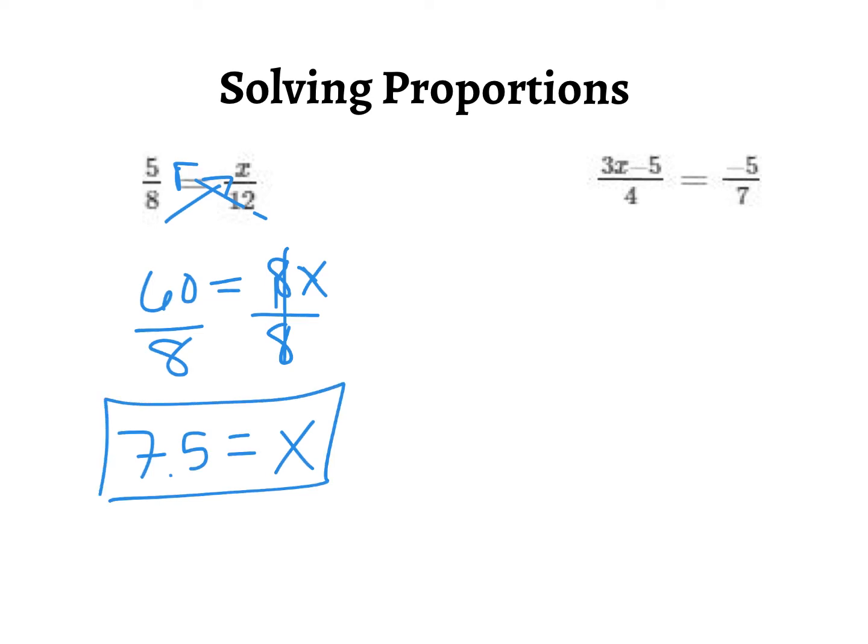On the other one, very similar, except a little bit different, because if you notice, we have 2 terms in the top. So whenever I have multiple terms, I'm going to put it in parentheses. Because when I cross multiply, I have to multiply 7 times everything inside the parentheses.